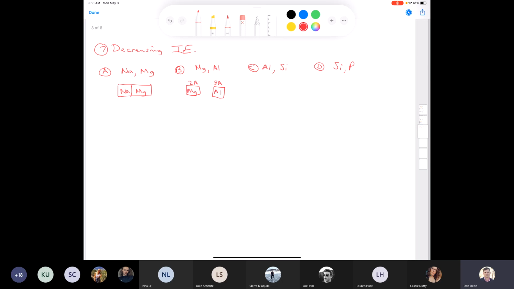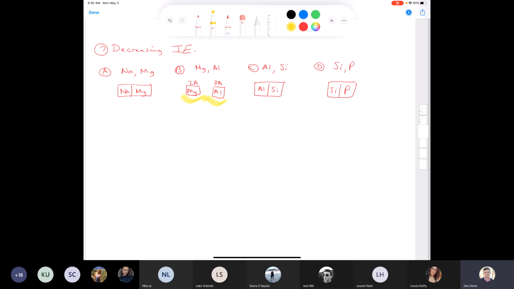Aluminum and silicon are right next to each other, in group 3A and 4A. And silicon is in group 4A and phosphorus is in group 5A. So they're all close to each other, but there's one that's an anomaly here.